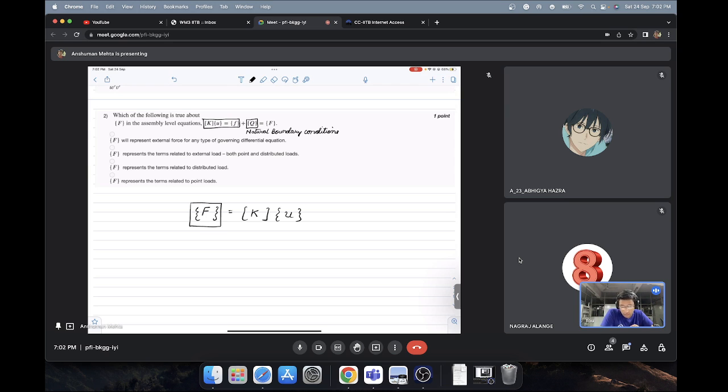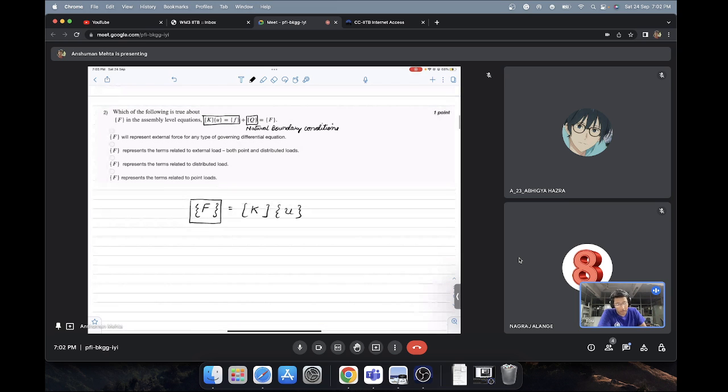It represents external force for any type of governing equation. So that is false, because it depends on the governing equation. K is dependent on the governing equation. So the first one is false.